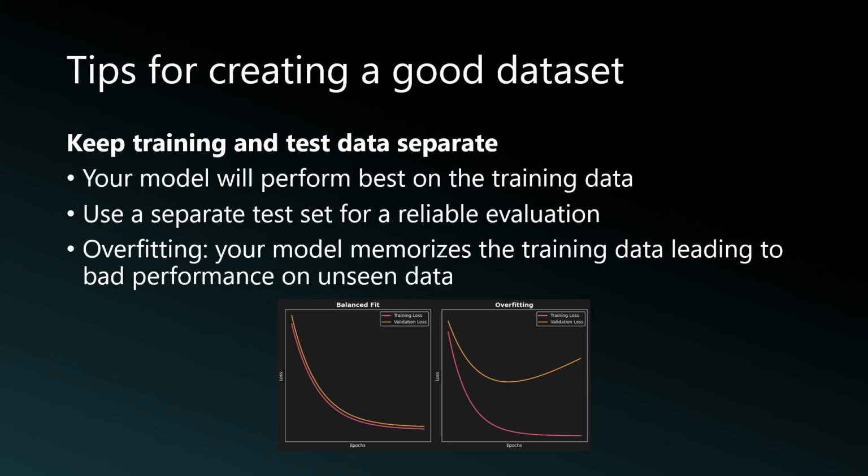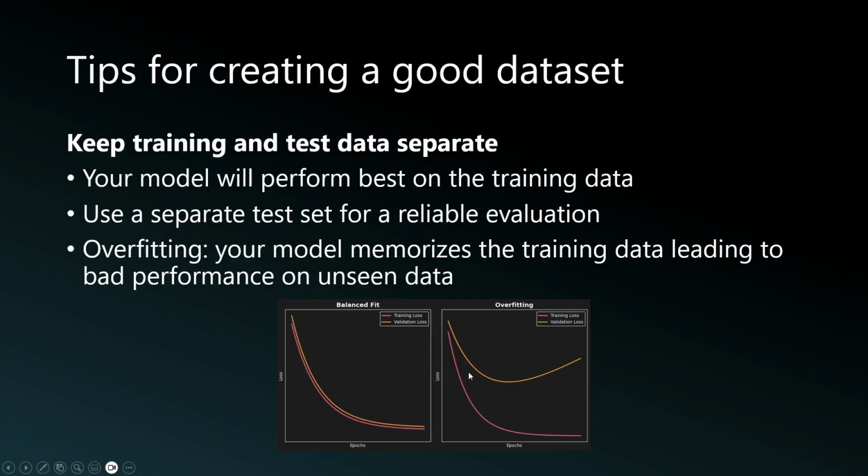Overfitting happens when your model starts to memorize the training data instead of just learning the underlying rules. And what happens can be seen here in those training plots. In the balanced fit, what we want to achieve, we see that both the mistakes made on the training dataset, the red line, as well as our validation dataset decrease over time.